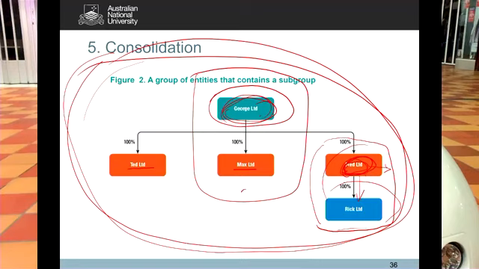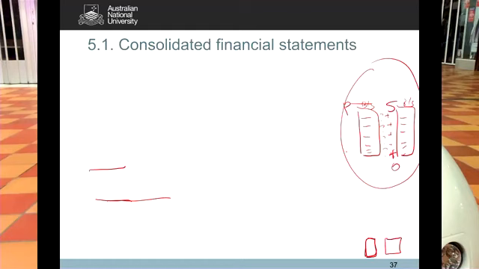Fred is a parent of Rick, right? If you are a parent, you should prepare consolidated financial statements, right? But Fred might be okay if it first meets one condition: that George is a parent. So it's wholly owned by George or partially owned by George. That's the first condition.